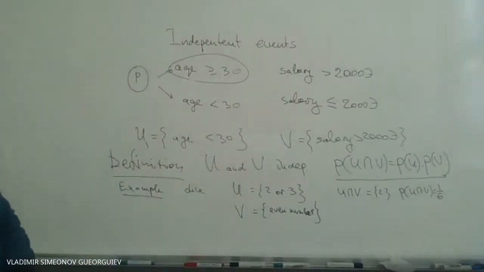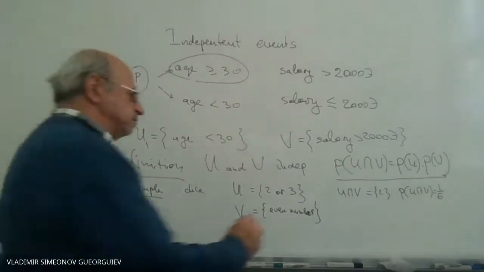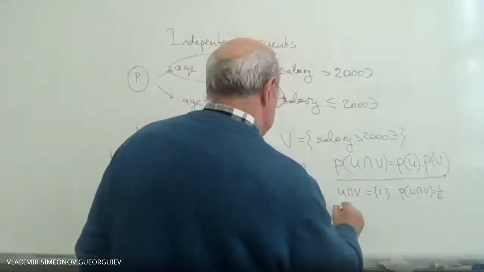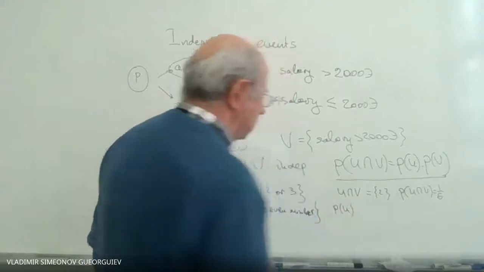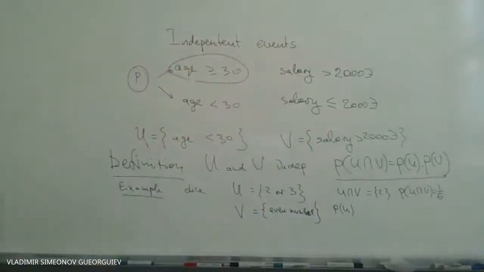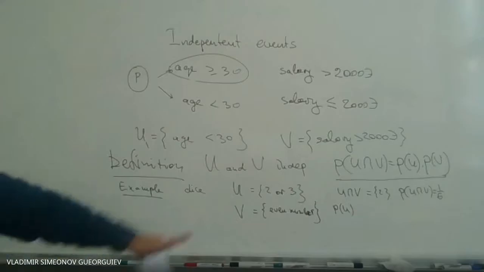Let us compute the probability of U. What is the probability of U? You can help me. How many exits do we have? 1/3.